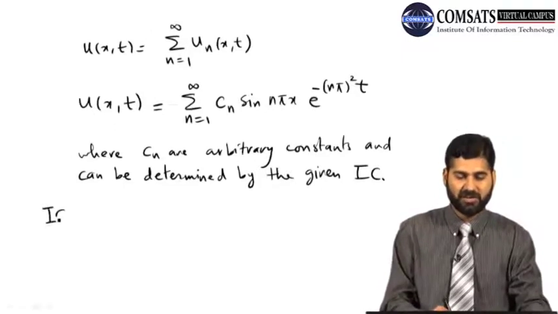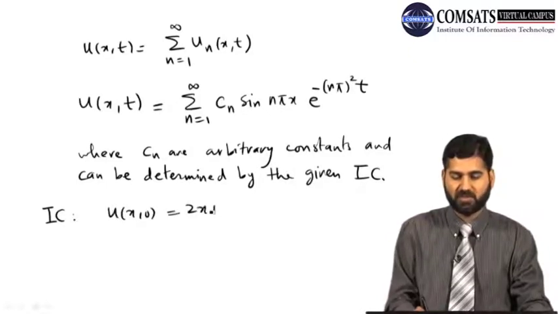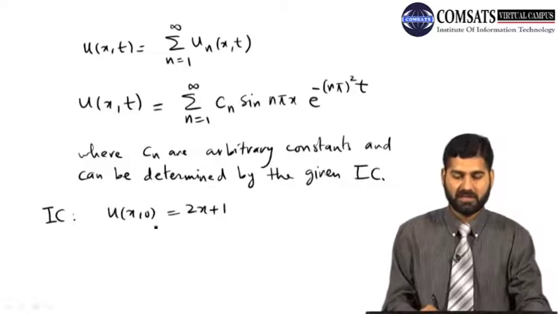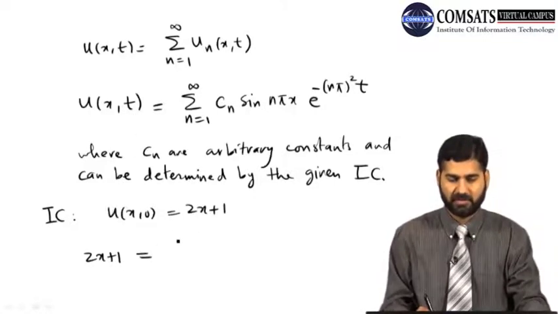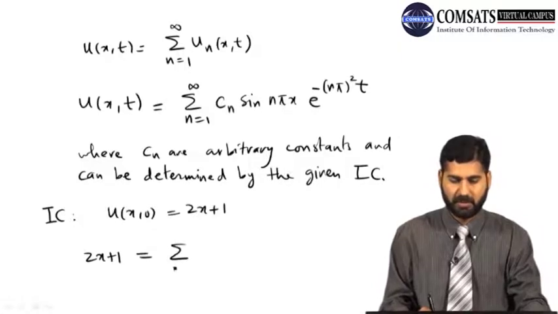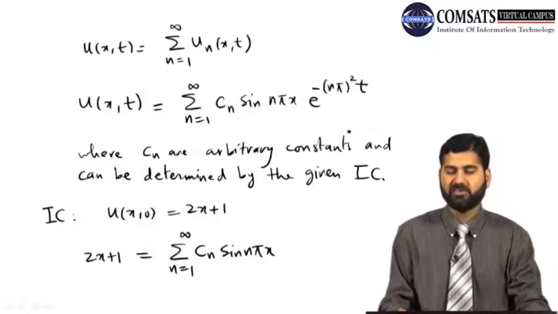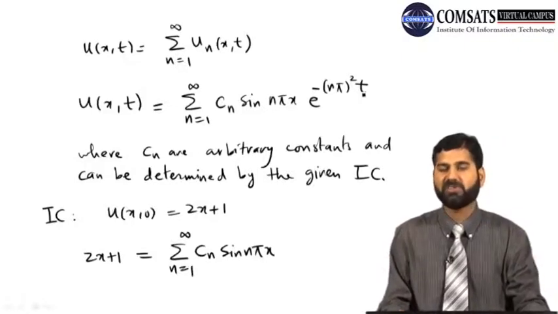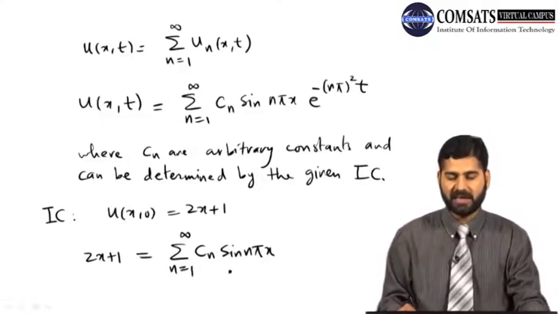So if I use the initial condition u(x,0) is equal to 2x plus 1, then what is u(x,0)? 2x plus 1 is equal to u(x,0), which is Cn sine n pi x, and e to the 0 is 1, because t is 0, so e to the 0 is 1. So this is what I get. Right? The right hand side is what?